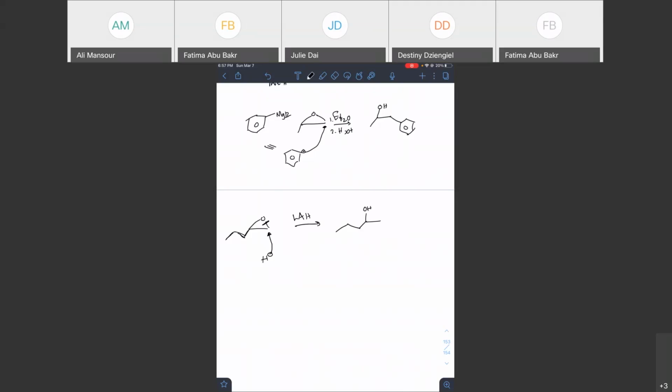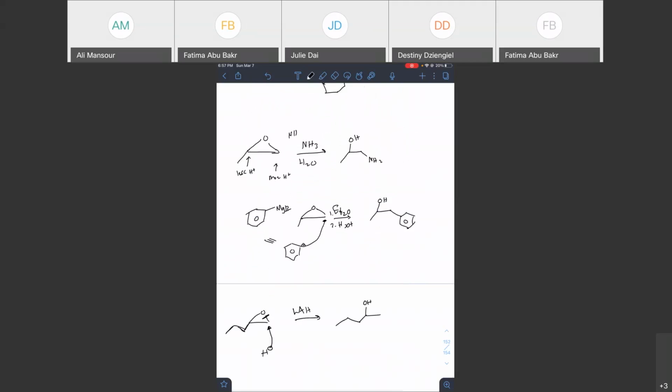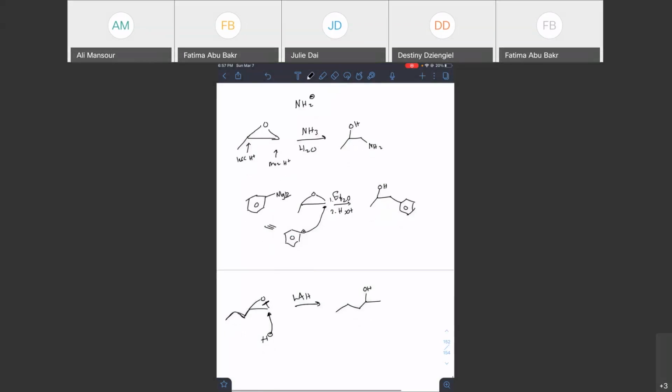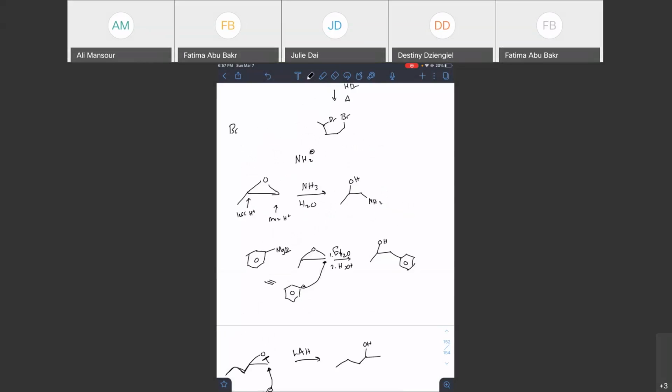So these were all basic. How do we know that they were basic? The way that we know is because, for example, right here, this was an NH2 that reacts, and NH2 is a negative charge. You guys get that? So these are basic reactions with epoxides.